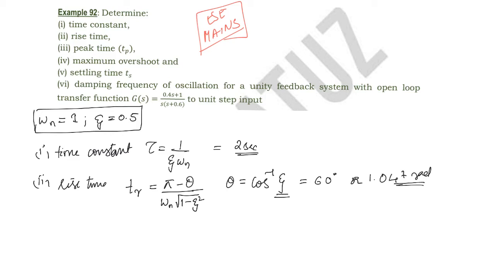Substituting the same value here: pi minus 1.047 divided by omega n, which is 1, into root over 1 minus 0.5 square. If you solve this, you will get 2.418 seconds. This is the rise time.